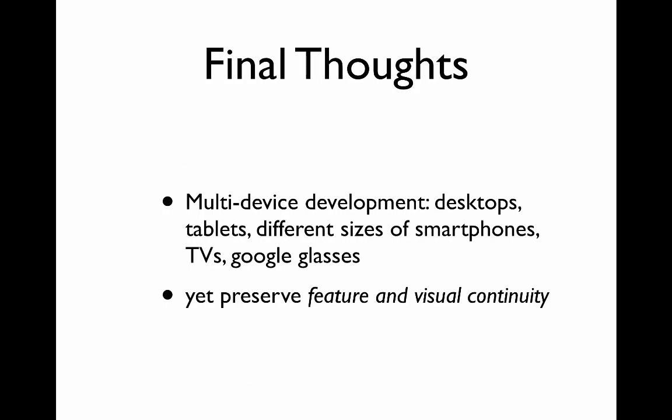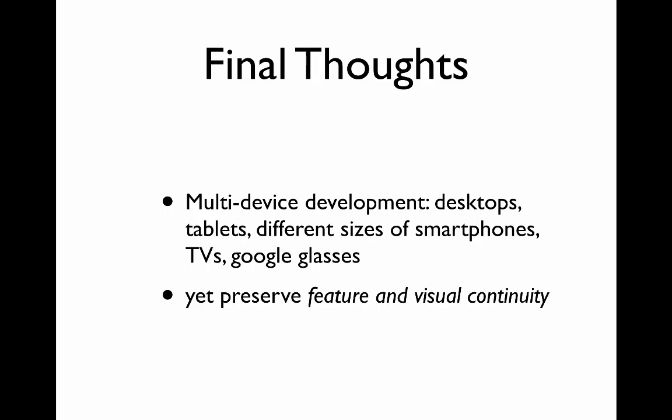Okay, a few final thoughts. The web is going to be multi-device. So when you think of a website, you don't just think of a website for the desktop, but you think of different versions of it for all these different form factors. But in this subject, we will just consider developing websites for the desktop and for a mobile device like a smartphone, for instance, or a 7-inch or 6-inch tablet.